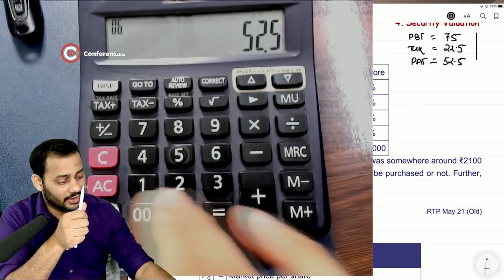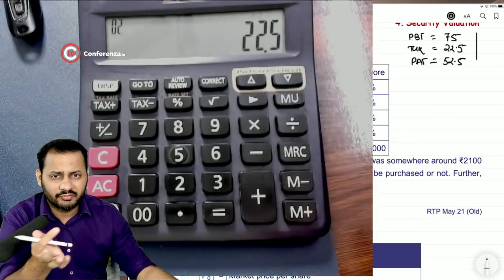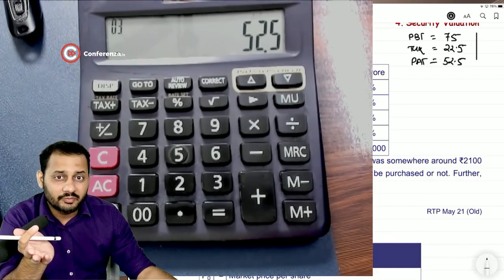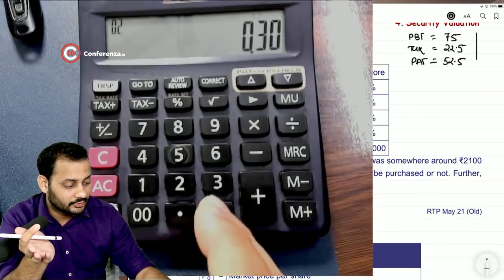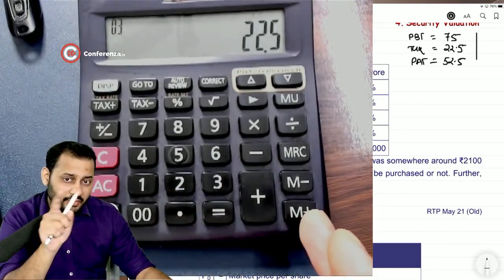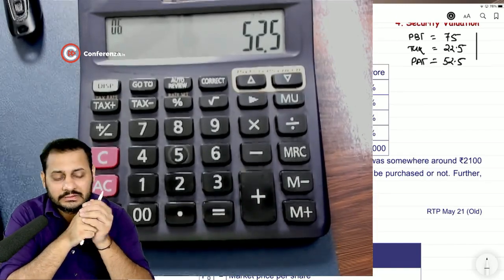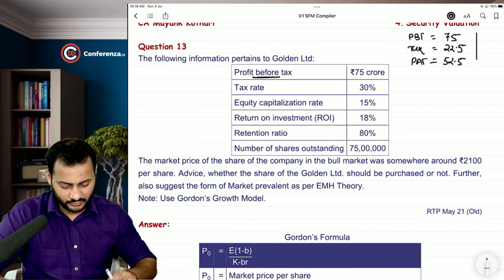Otherwise, what a normal person would do after 22.5 is 75 minus 22.5. But this is 52.5 ultimately. So have a look: 75 into 0.30 equals to, and I want to deduct this, that's why minus, and then equals to. So this is how you can save up on your time if you want to. These are small tricks.